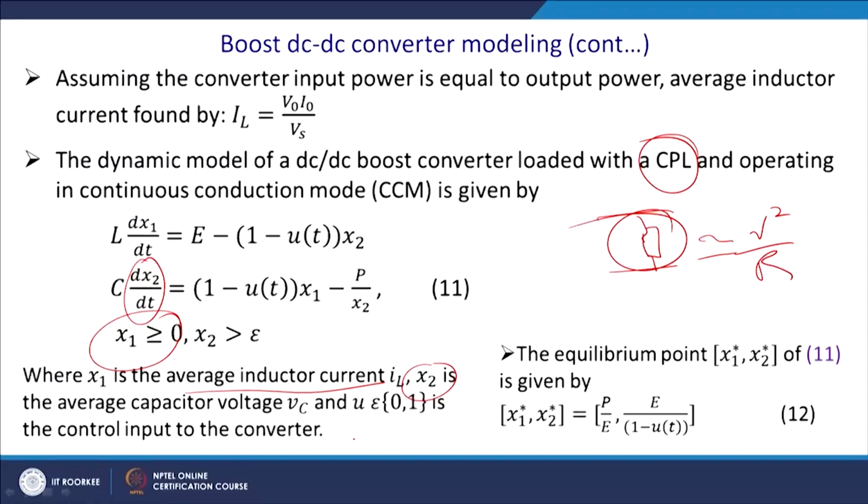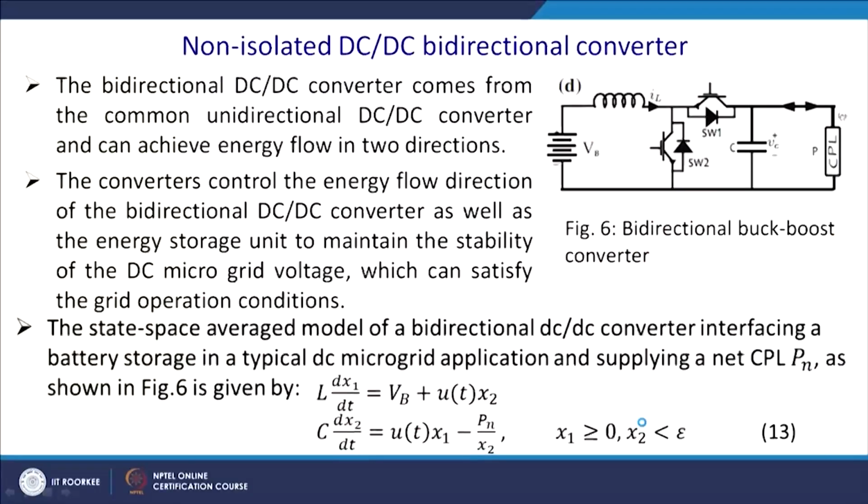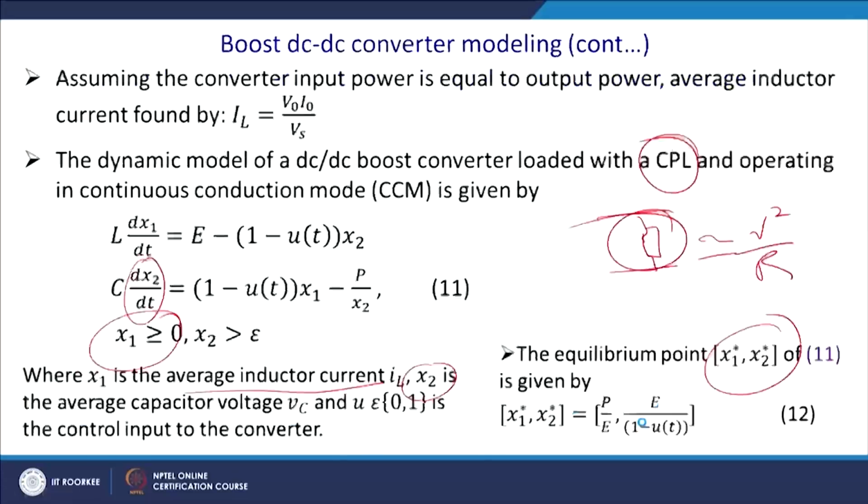The equilibrium point, x1 dot and x2 dot, is given by the expressions with P and v, and it is 1 minus u of t. So, this is the modeling of the DC to DC converter, and it is called average mode of modeling.